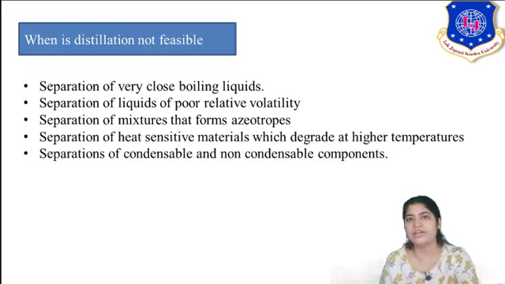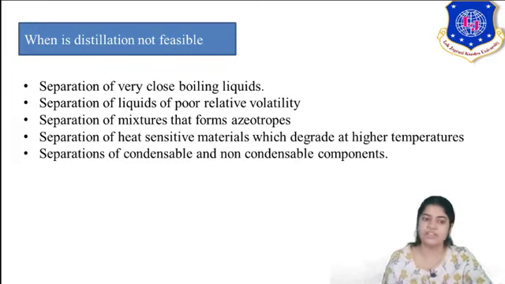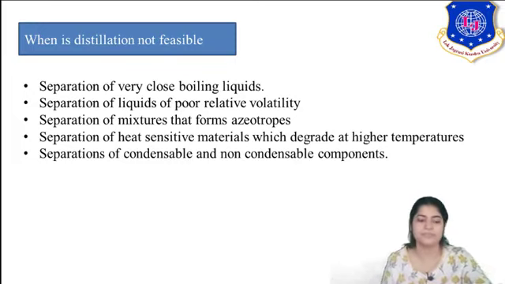So when poor relative volatility is there, it means both are almost equally volatile. There is not a major difference between the volatilities of those two components. At that time, the separation of liquid is not possible because the driving force itself is volatility. So if the volatility difference is not much, then this separation method is not feasible.